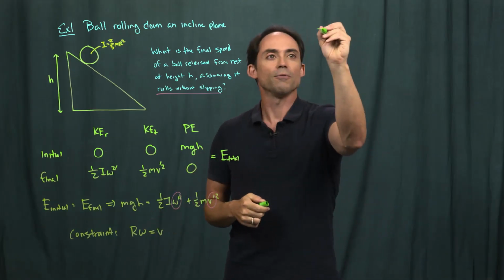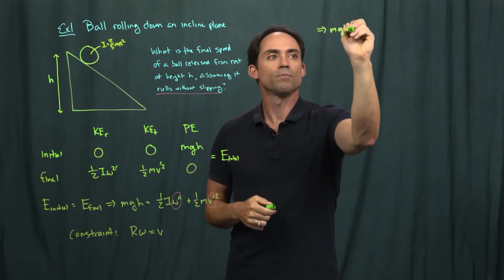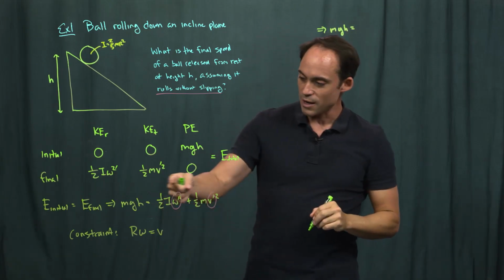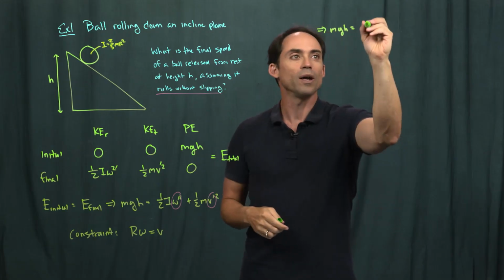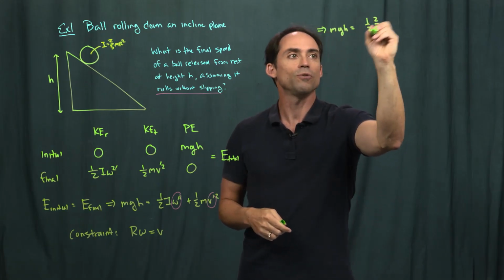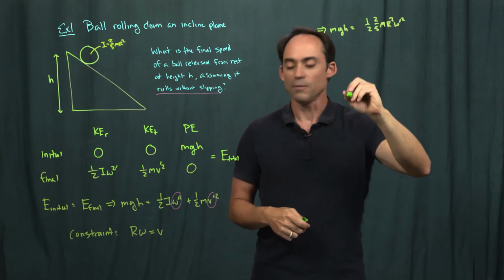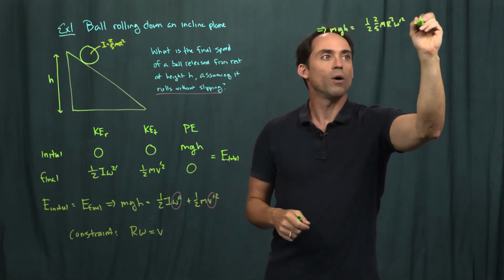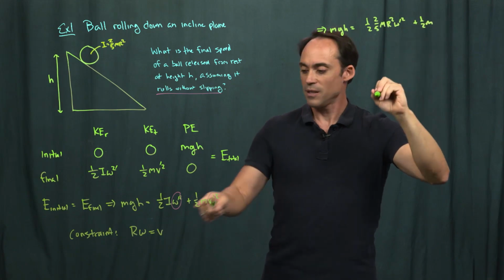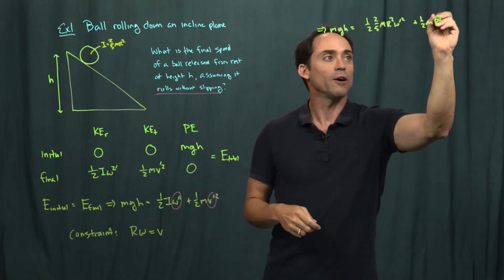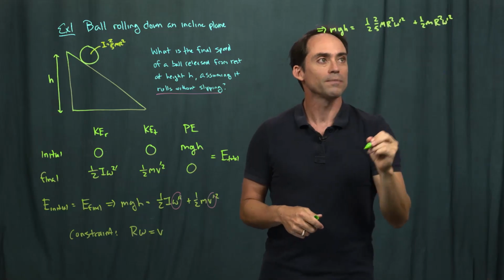So I'm going to have mgh, and let me explicitly write down the moment of inertia here. So that's 1/2 times 2/5 times mr squared times omega prime squared plus 1/2 times the mass times r squared omega prime squared.